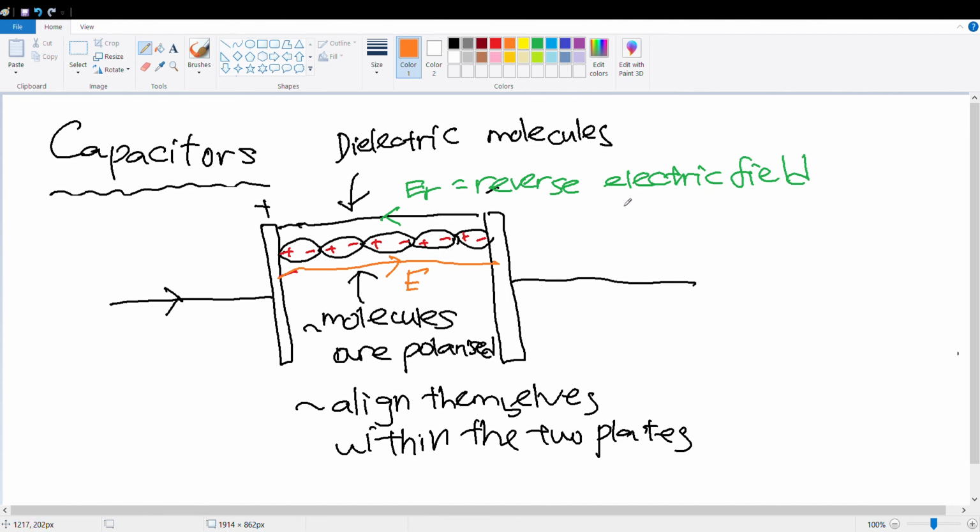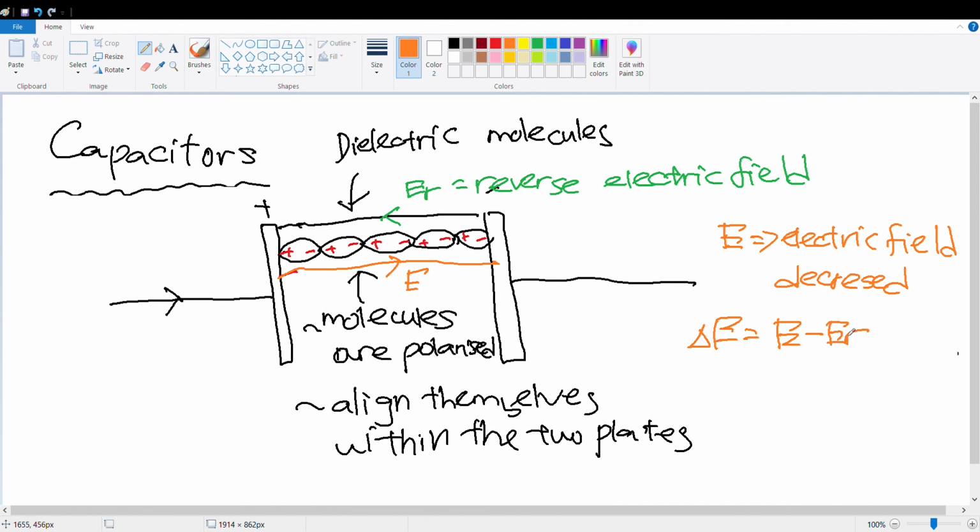After the reverse electric field is produced, my electric field E will eventually decrease, because the electric field is cancelled by the reverse electric field. The resultant electric field, which is the change in electric field, equals E minus the reverse electric field.